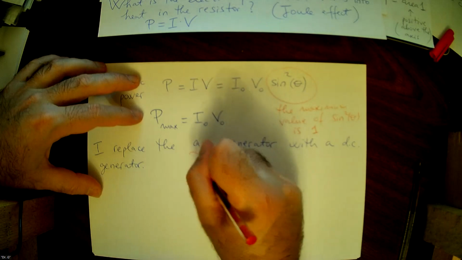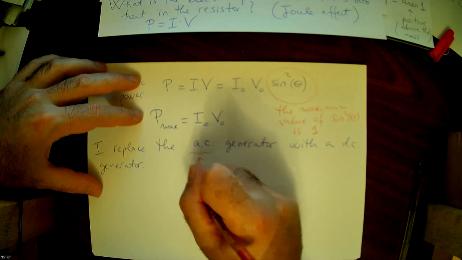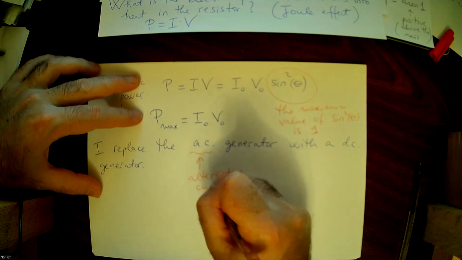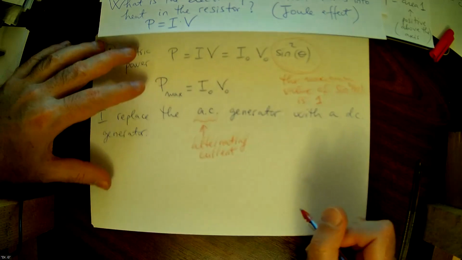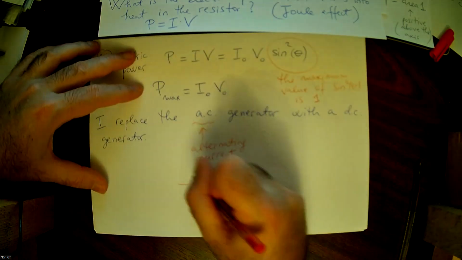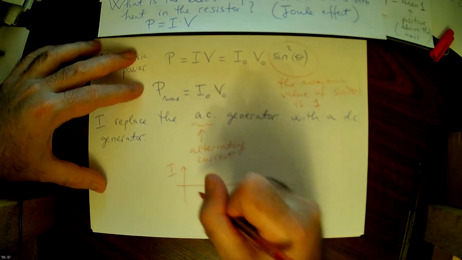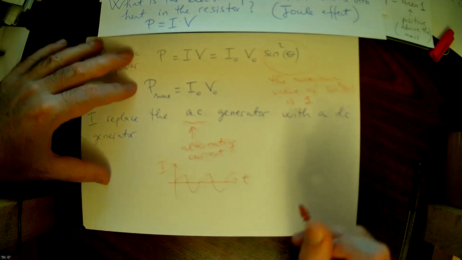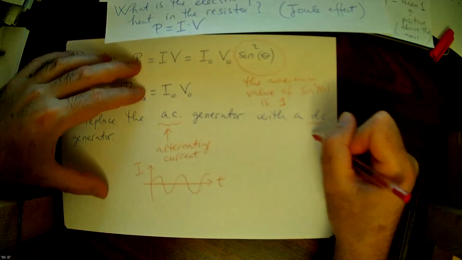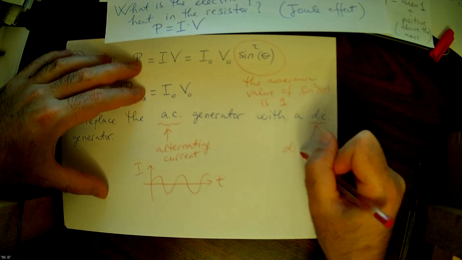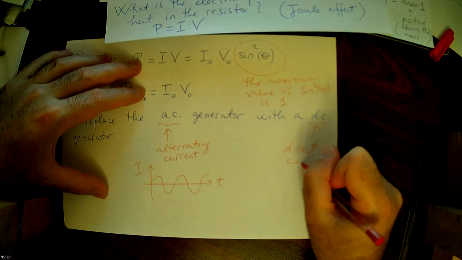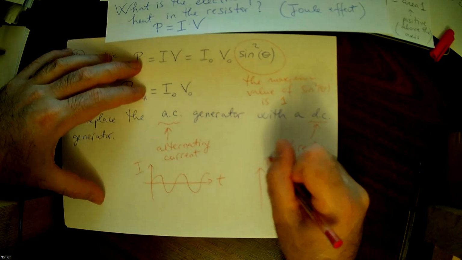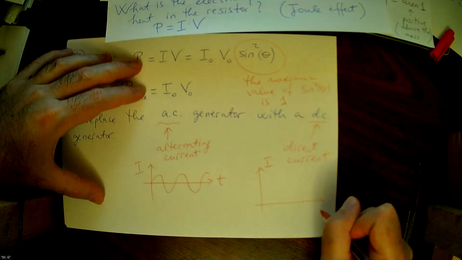AC, remember, stands for alternating current. So I get that graph, the sine wave, yeah? And DC stands for direct current, which means the current is constant.